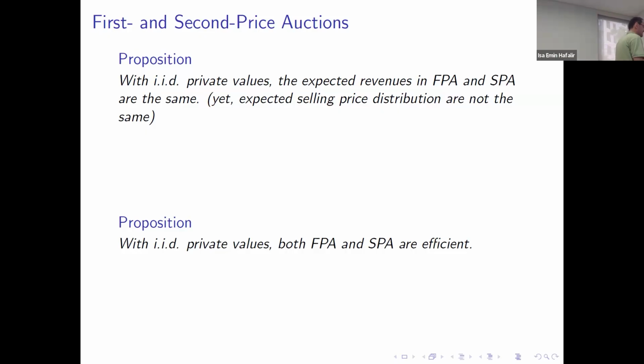Now let's calculate the density of this. So I'm going to just take the derivative of this with respect to y. So what is the density? Because in order to calculate this expectation, I need an integral of y times the density, right? That will give me the expectation. So the density is the derivative of this, which is n times n minus 1 times F of y to the power n minus 2 times small f of y, that's the derivative of the first part, right?